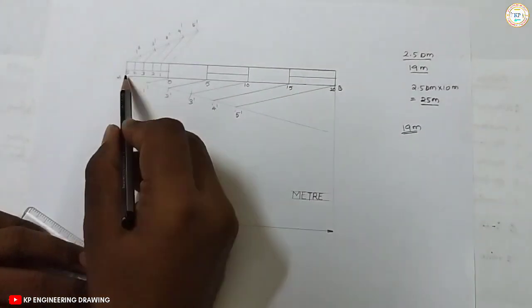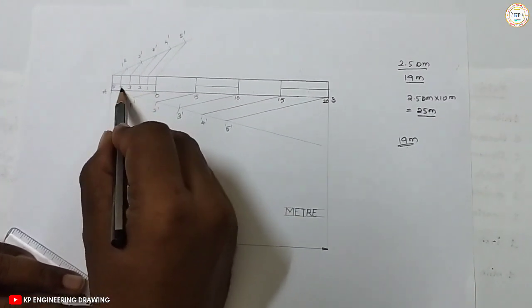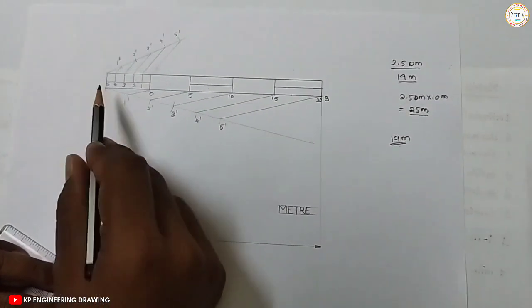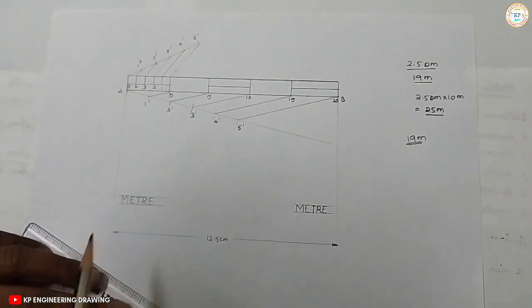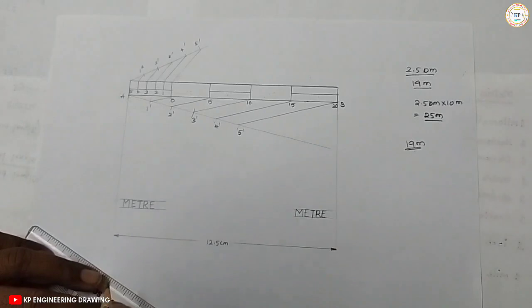Divided this 5 meters into 5 equal parts, that is 1 meter, 2, 3, 4 and 5 meters. We wrote here meter. So both main scale and subscale are in meters.